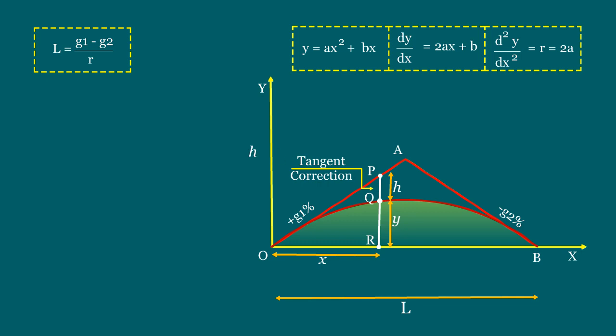Now, let us find the value of h. This h equals PR minus QR. Here, the value of PR equals G1 into x, and QR equals y. Now, PQ, that is h equals G1x minus y. Here, G1 is slope in percentage. And x is the horizontal distance, or the number of chords, n measured from the beginning of curve.